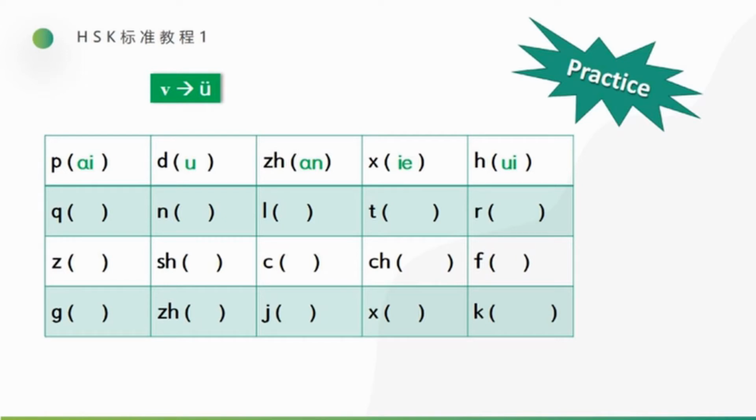Okay, next one. 秋. Very good. 秋 it should be this one. When writing, we should write i and u. O is omitted. 秋. Okay, next one. Nu. Very good. Nu. It's very easy. Okay, next.